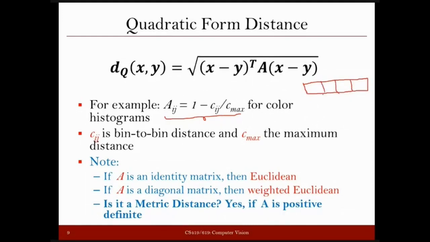Let's say 1, 2, 3, and 4 are the bins of the histogram, and you are representing two feature vectors in terms of the values that you get from these bins. How many bins do you have here? 4. So you can say that this 4-dimensional histogram is going to give you a 4-dimensional feature vector.